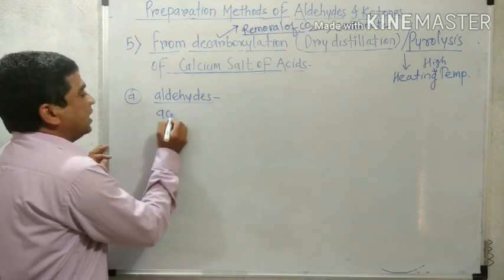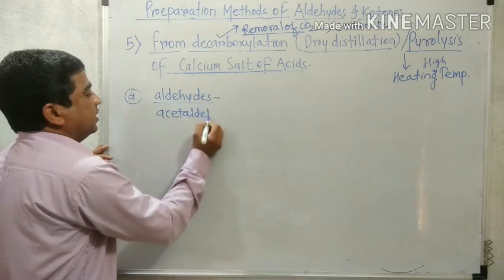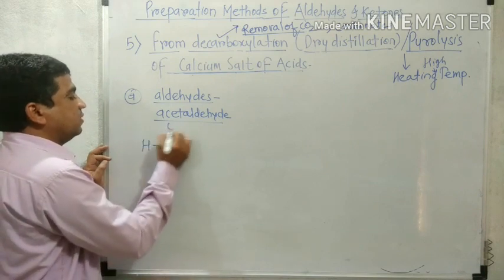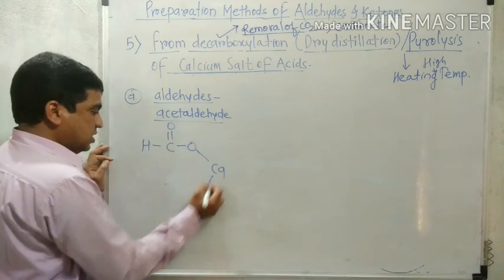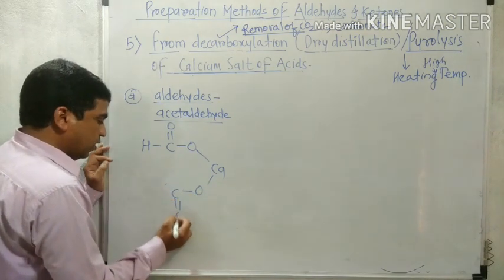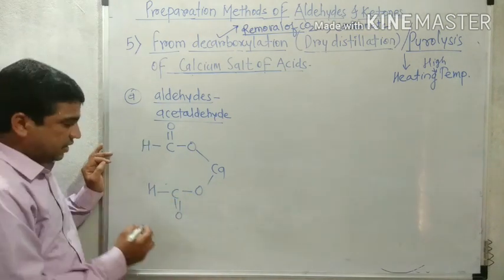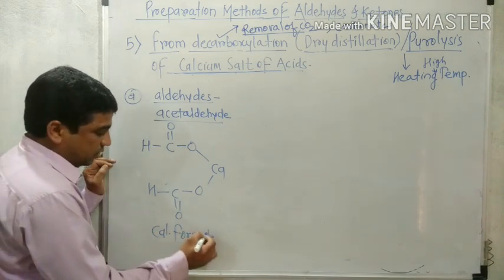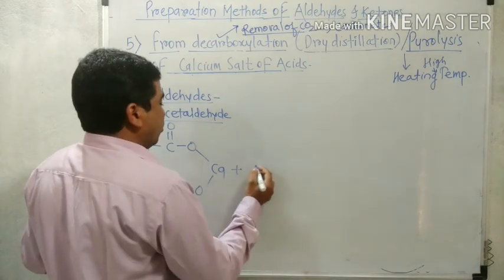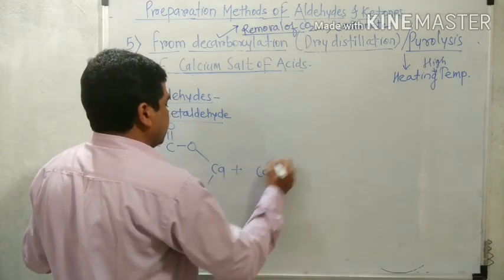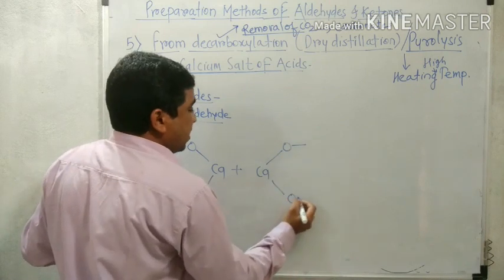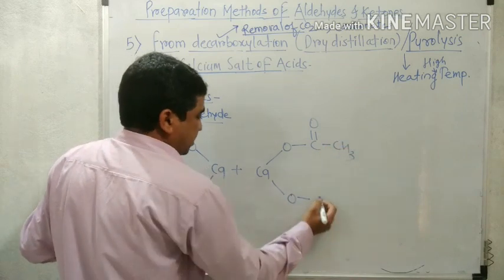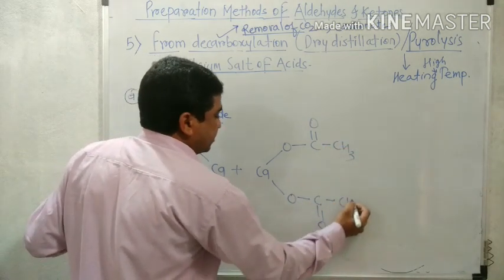But for the preparation of acetaldehyde, here one molecule of calcium formate, HCOO, Ca, OC double bond OH, that is calcium formate, and another molecule of calcium acetate are taken.